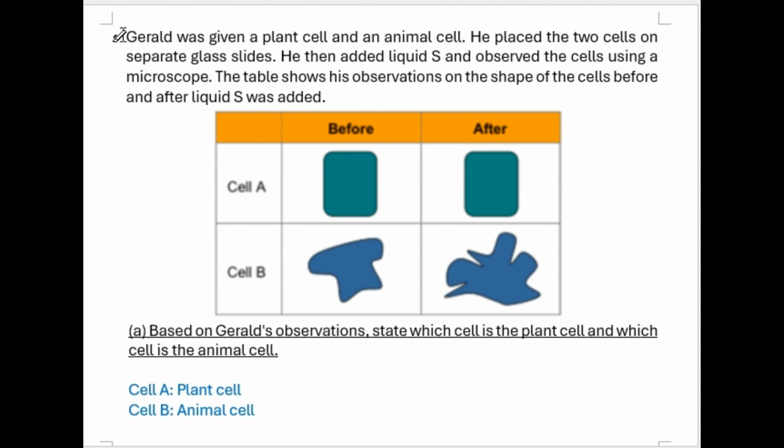Gerald was given a plant cell and an animal cell. He placed the two cells on separate glass slides. He then added liquid S and observed the cells using a microscope. The table shows his observations on the shape of the cells before and after liquid S was added.